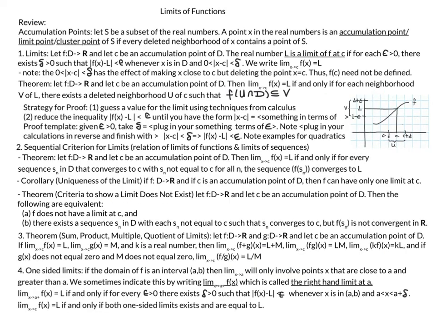Now we've covered the topics on this slide. The first thing we did was define a limit of a function, a limit of f at c. We talked about strategies for proving that L is the limit of f of x as x approaches c. We talked about the sequential criterion for limits, which relates the limits of functions to limits of sequences.